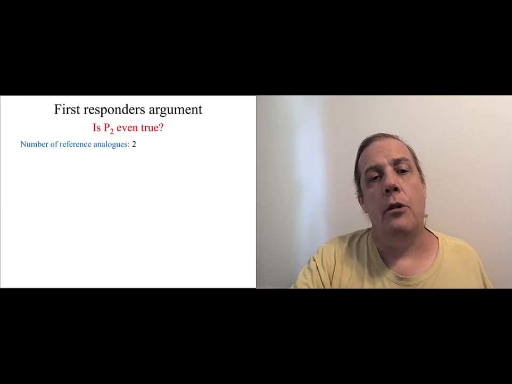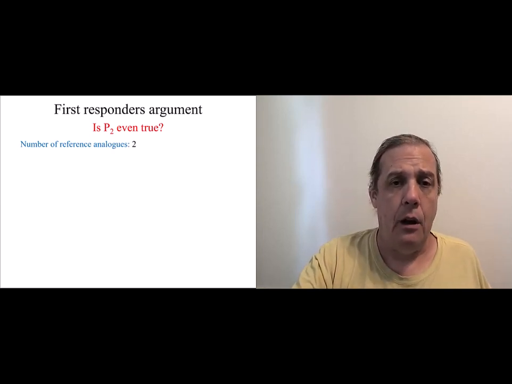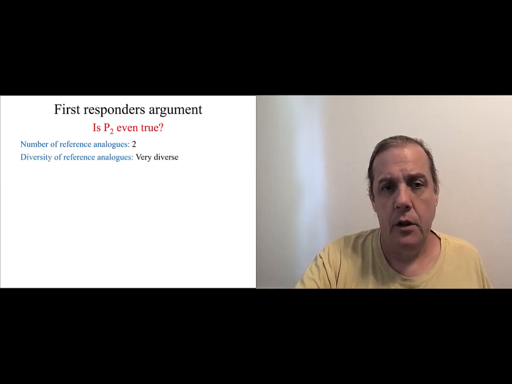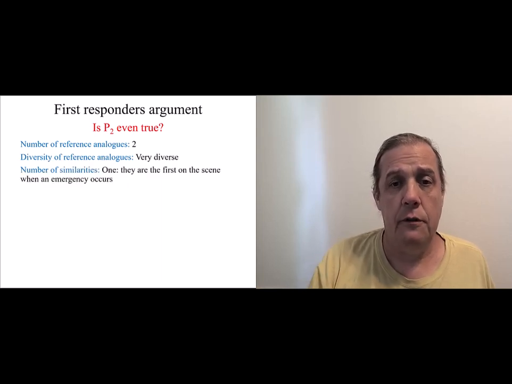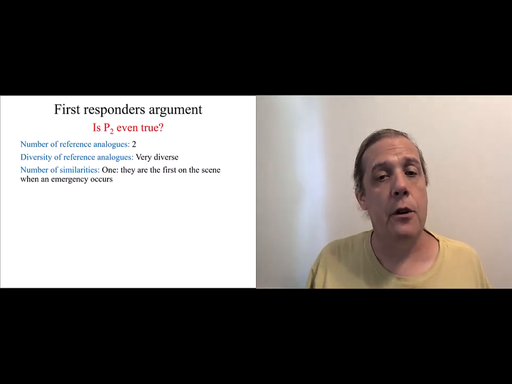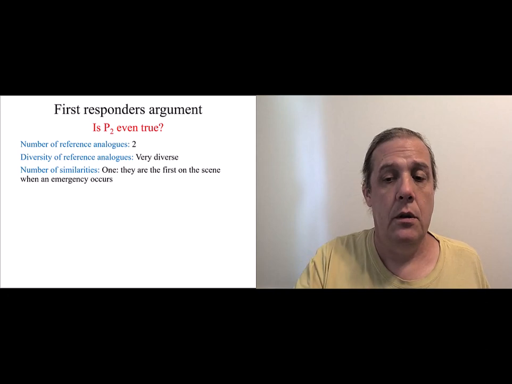We want to look at the number of reference analogs, 2. Paramedics and firefighters. The diversity of them. Yeah, they're very diverse. Number of similarities. Well, there's really only one similarity, that they are first on the scene when an emergency occurs.